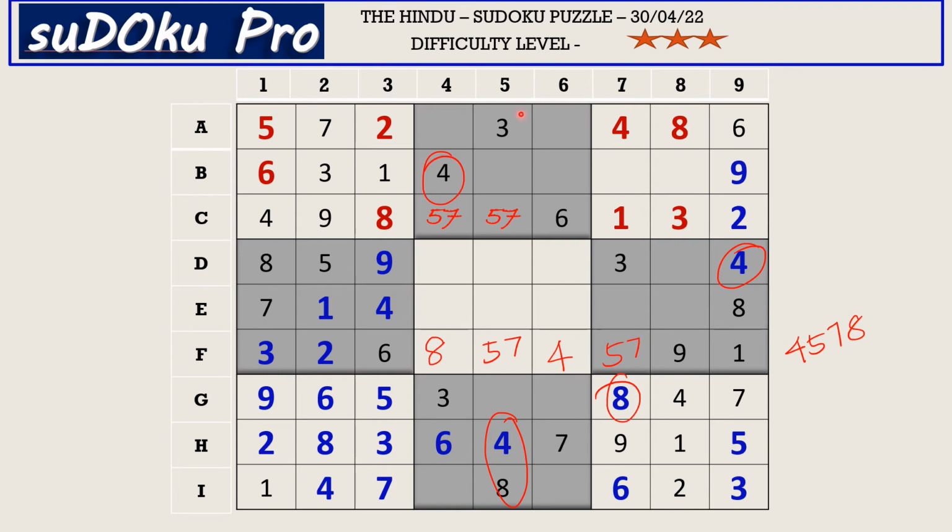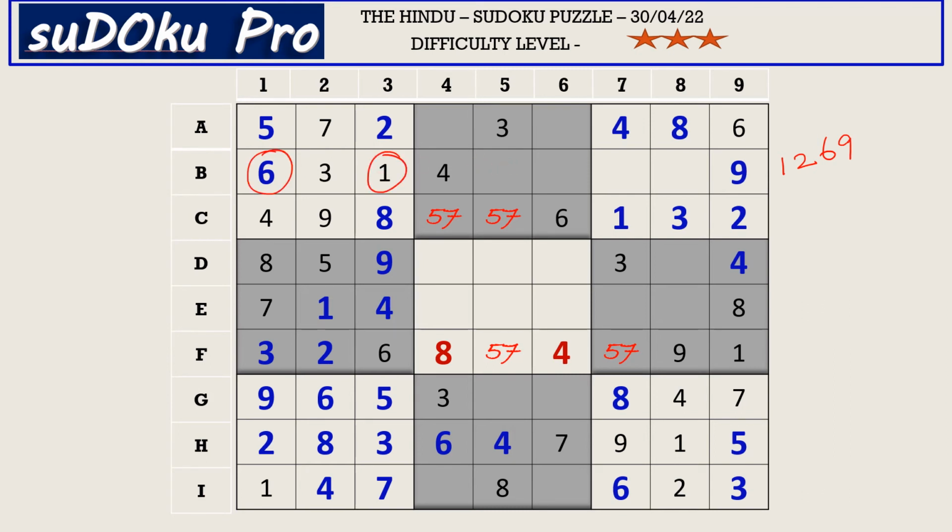Now in column 5 you have matching pair 5 and 7 and there are only 4 empty cells left in column 5. So let's try to fill column 5 now. In column 5 the missing numbers are 1, 2, 6 and 9. If you analyze this B row, you have 1, 6 and 9 blocking this cell.